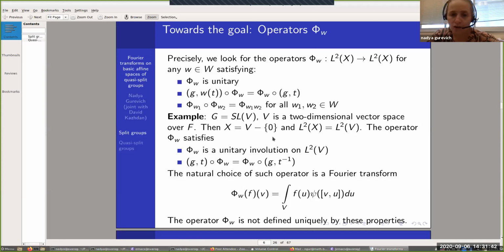All right. So this construction, now we want to generalize from SL2 to any split group. And this is possible because any split group is in a sense glued from many copies of SL2.